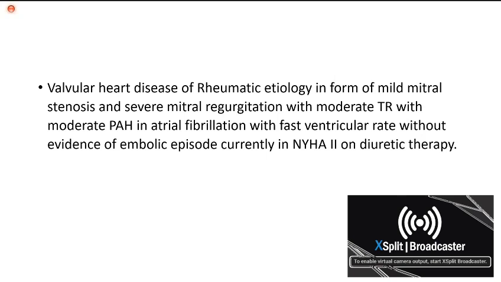Okay, right. And moderate PH, that is also a point. Moderate PH is written, so that is also a point for severe MS. Moderate PH may not be for severe MS because this patient is having associated mitral regurgitation. If the patient is having only pure mitral stenosis, yes, moderate PH may indicate severe mitral stenosis.